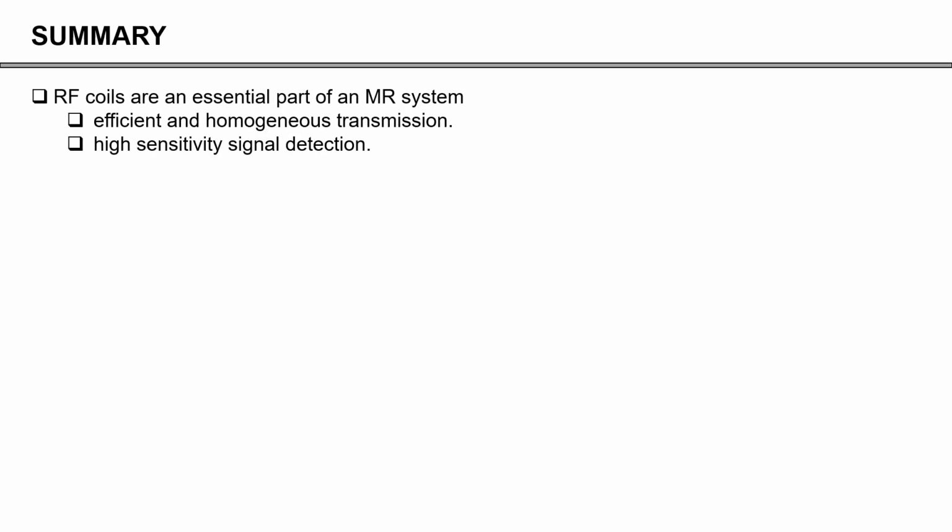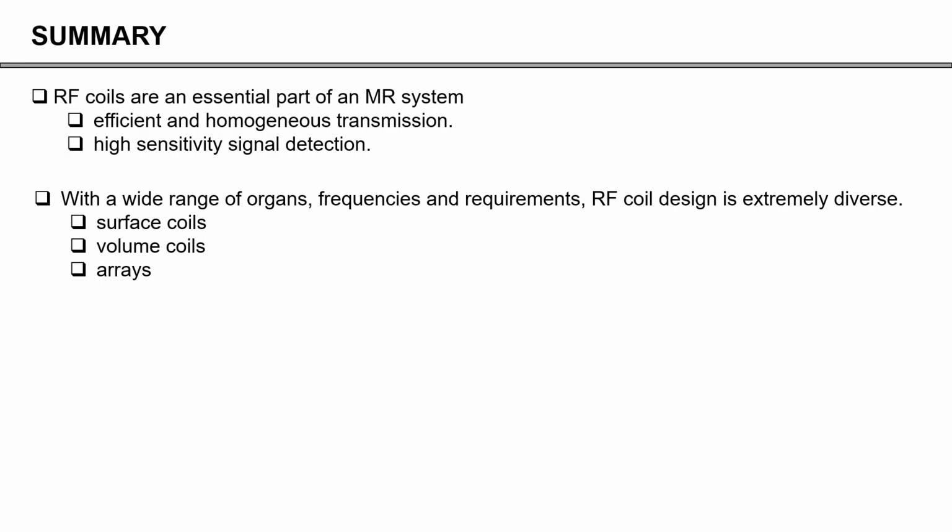So to summarize, I think RF coils are an essential part of any MR system. I mean, they're really needed for efficient and homogeneous RF pulse transmission. And then the same coil or a different coil can be used for high sensitivity signal detection. Because there are so many organs, frequencies and requirements, RF coil design is extremely diverse. Right?